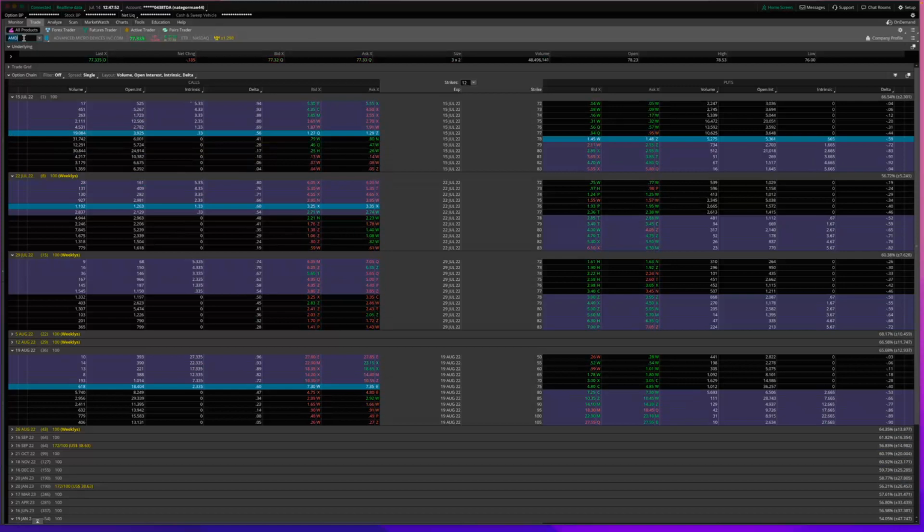It's the more liquid stocks, like your AMDs, your NVIDIAs, your Apples, that have the weekly expirations, so they give you a little more flexibility. But most of the stocks that trade options, not all stocks trade options, will have those weekly expirations.